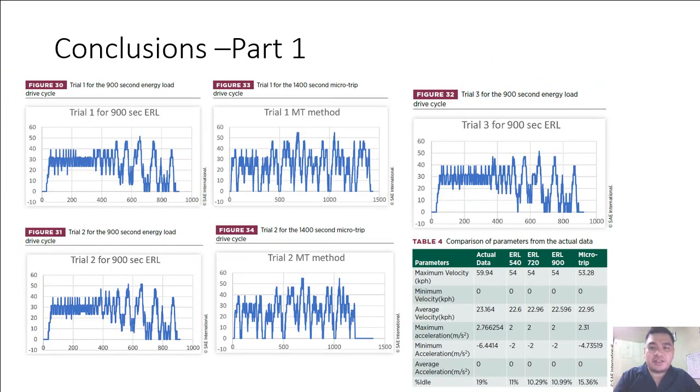First, the driving cycle generated using the conservation of energy road load method in the study had a lower minimum and maximum acceleration and lower percentage idle compared with the drive cycle generated using the microtrip method. In this case, a lower maximum acceleration and lower percentage idle corresponded to lower fuel consumption.